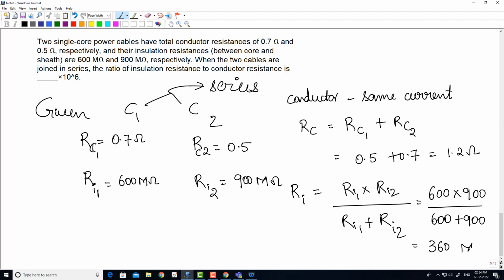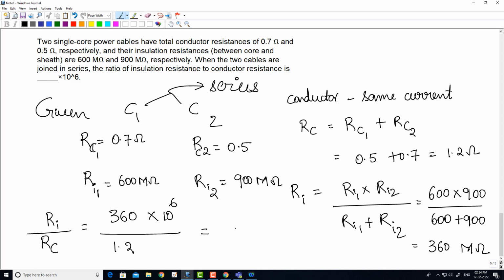mega ohms. In the question, it is asked to find out the ratio of the insulation resistance to conductor resistance. Insulation resistance is 360 mega ohms and the conductor resistance is 1.2.